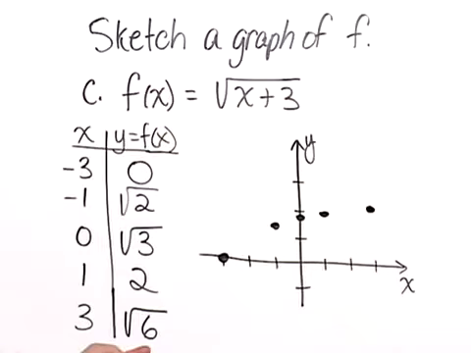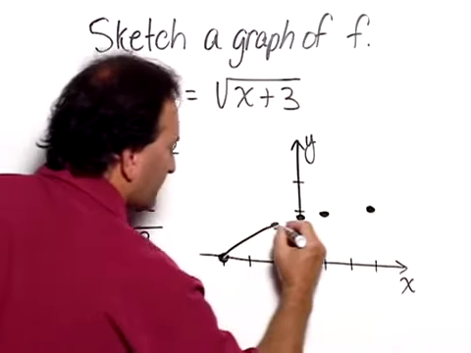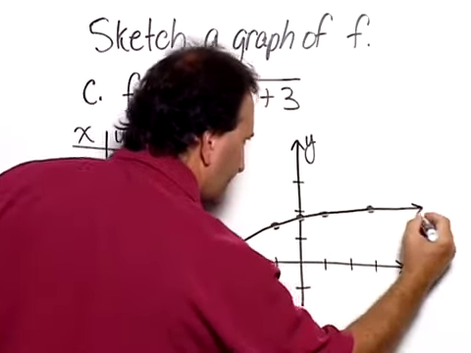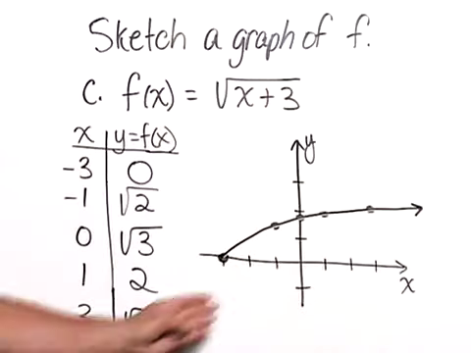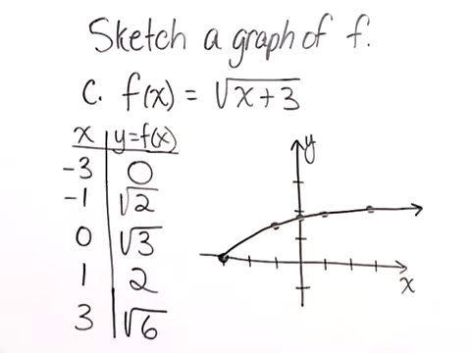And the reason we're saying that, if you didn't have a calculator, you know the square root of 4 is 2, and the square root of 9 is 3. So the square root of 6 is between them. But our graph then would look like this. And it's a curved line starting here and then going on to infinity with respect to both the x and y values.